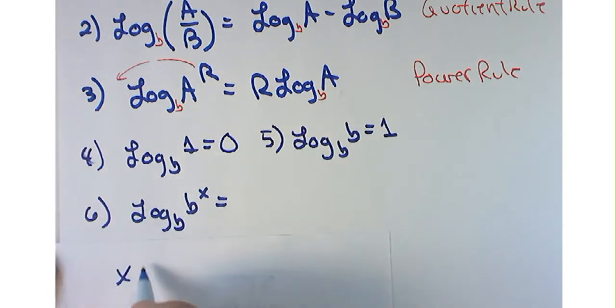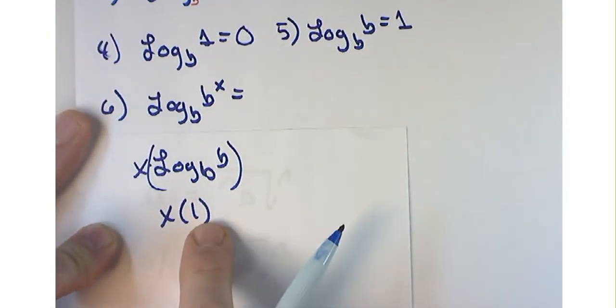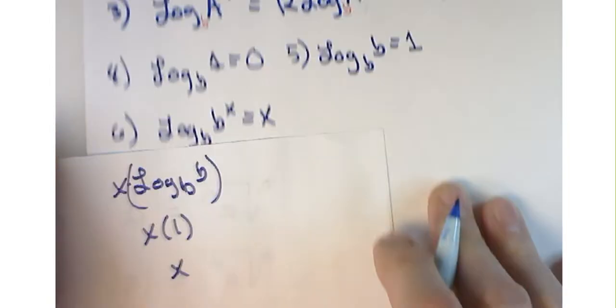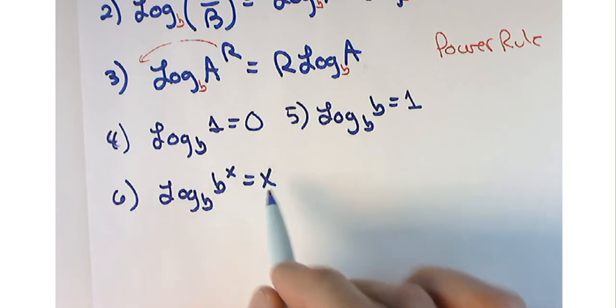So this would equal the log base b of b times that x, which is now out in front. But what did we say just a minute ago about the value of log base b of b? What is that equal to? That's just a 1. So the bottom line is that you get x times 1, which is just x. Or in other words, log base b of b to the x is x.